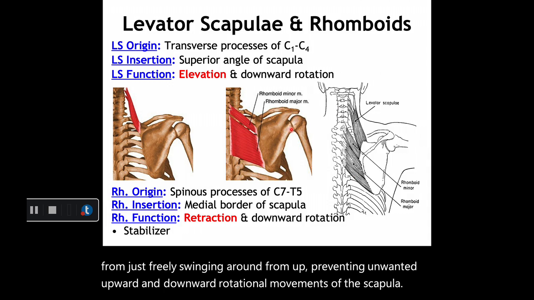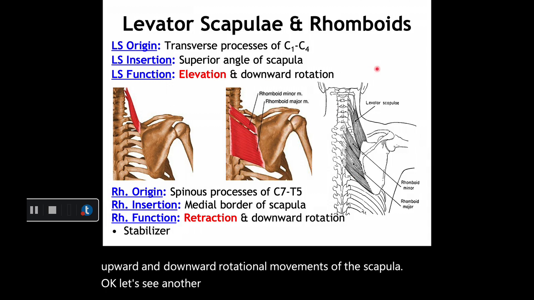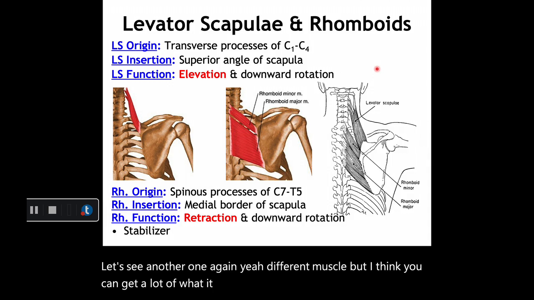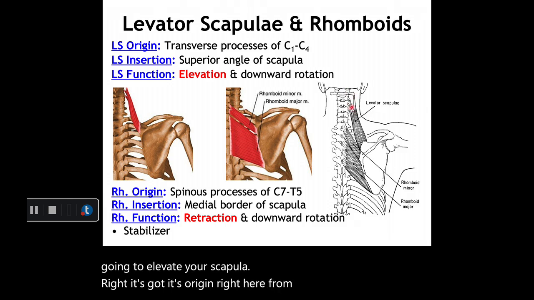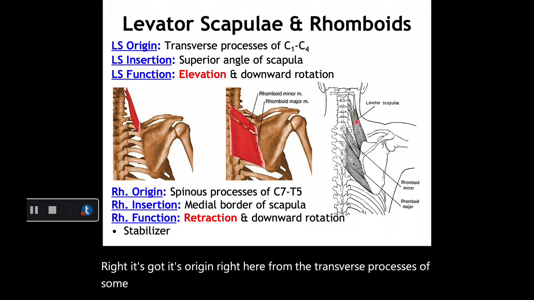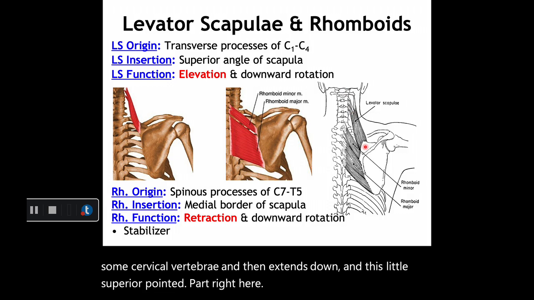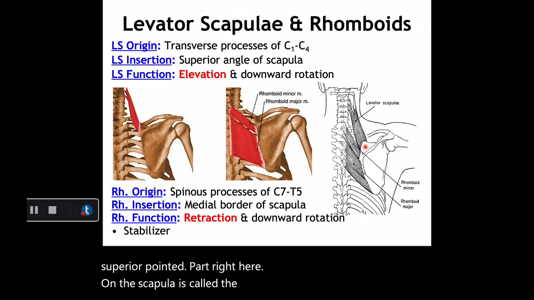Okay, let's see. And the other one, again a different muscle, but I think you can get a lot of what it does out of the name. Levator scapulae. It's going to elevate your scapula, right? It's got its origin right here from the transverse processes of some cervical vertebrae, and then extends down, and this little superior pointed part right here on the scapula is called the superior angle, and that's where levator scapulae attaches.